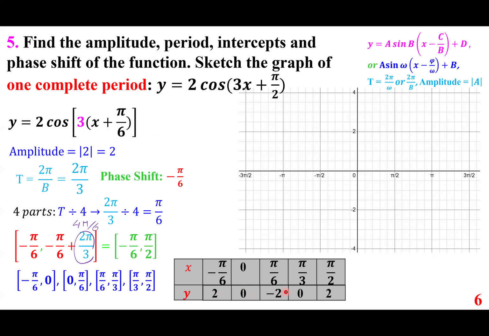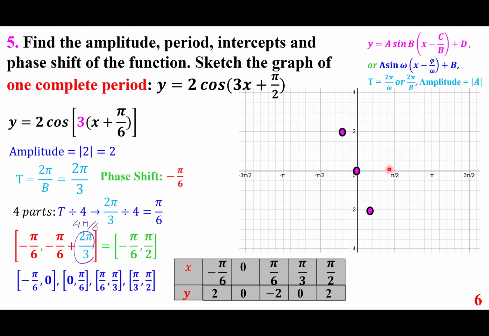And so we plot minus pi over 6. Okay, so roughly, just to give you an idea, from 0 to minus pi over 2, we cut it into 3 parts. So the first part would be minus pi over 6. 0 is here. Pi over 6, between 0 and pi over 2, go 1/3 of the way, and it's -2.